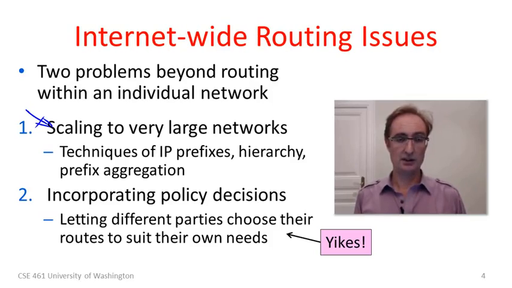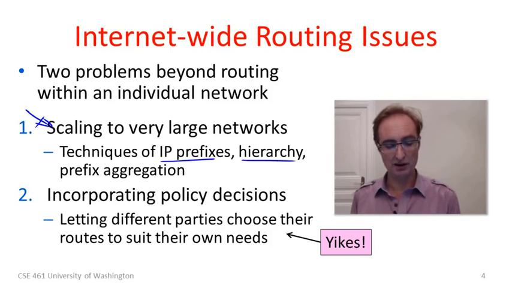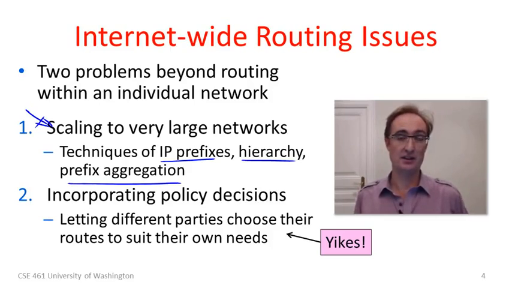To do that, we're going to need techniques which will help scale the routing process itself so that the table won't be huge and we won't spend too much effort working out the routes. We'll need techniques like IP prefixes, hierarchy, and prefix aggregation. Luckily, we've already seen all these techniques, so you'll simply apply them. And we're done on that side of the house.